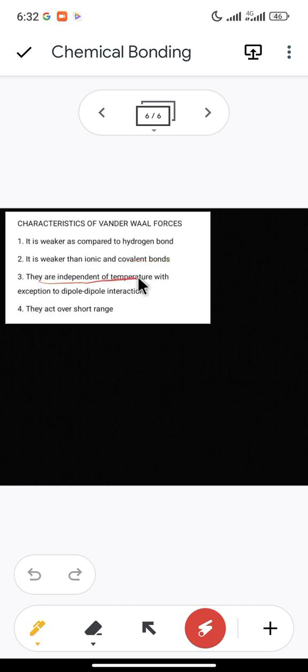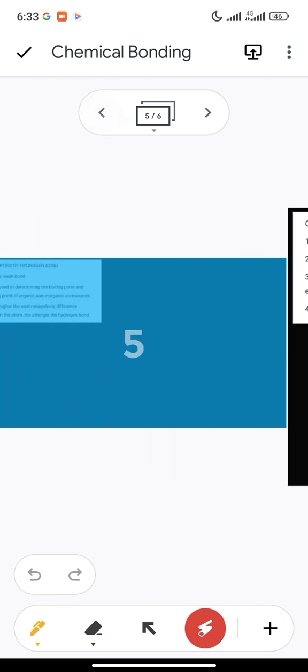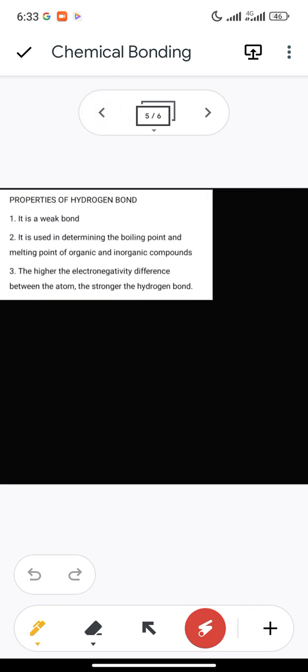They are independent of temperature, with the exception of the dipole-dipole interaction. Yes, the van der Waals forces are independent of temperature. They have nothing to do with temperature, except the dipole-dipole interaction, where you now consider the hydrogen bond. That's why I said the hydrogen bond helps to determine the melting and boiling points of organic and inorganic compounds, because it has to do with temperature.